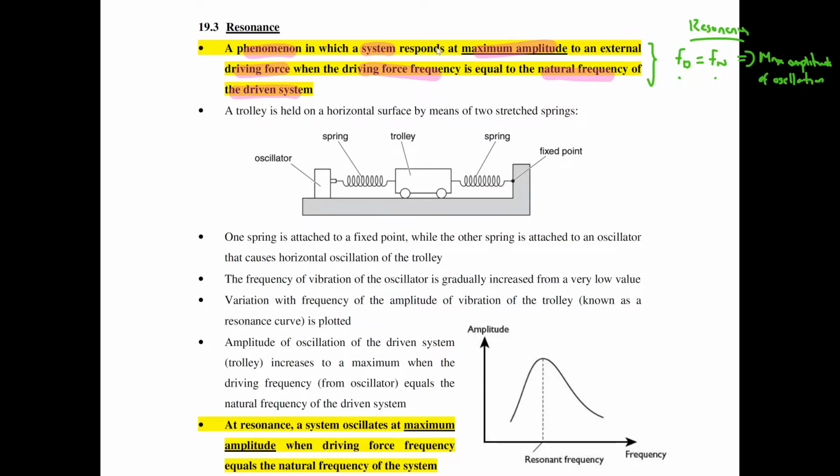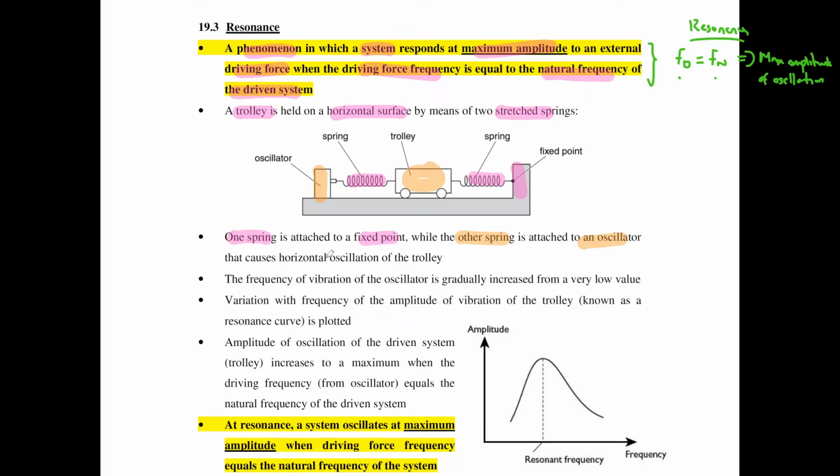So let's just say, for example, we consider a case where you have a trolley that is held on a horizontal surface by means of two stretched springs. So this is your trolley, and then these are your springs on either side of it. One end of your spring is attached to a fixed point, which is right over here. And then the other end of the other spring is attached to an oscillator, which is this one here.